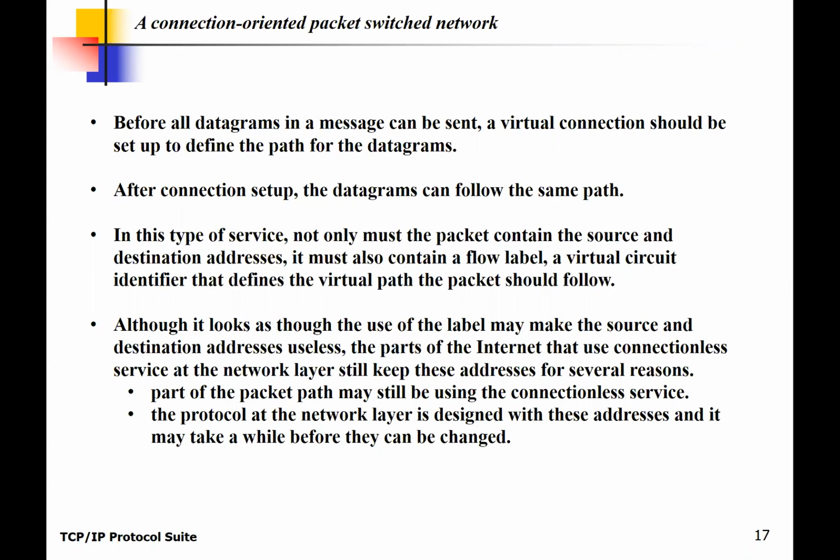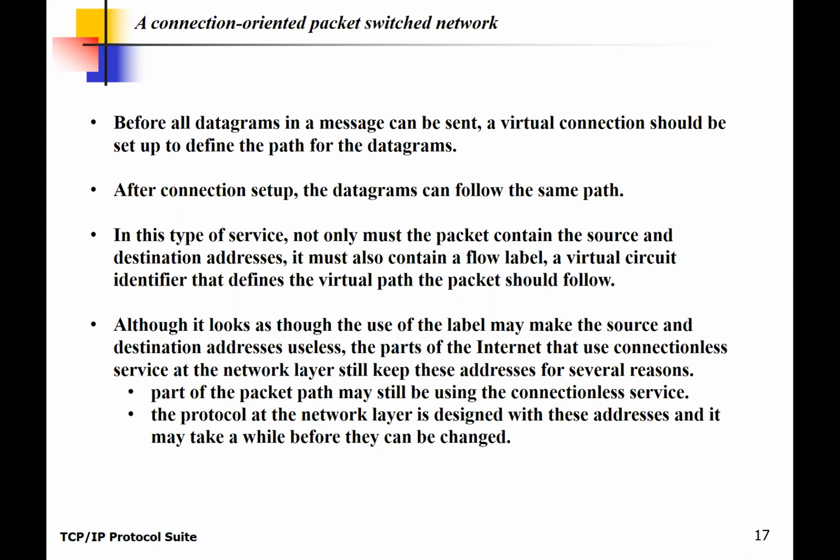Now, when you send the message, you follow the same path. You're not going to use a different path. Since you decided to go through routers 1, 3, 4, 5, all the packets are going to follow the same path. All of them have to follow 1, 3, 4, 5. You cannot change the path. So first of all, we should set up and define the path for the datagrams.